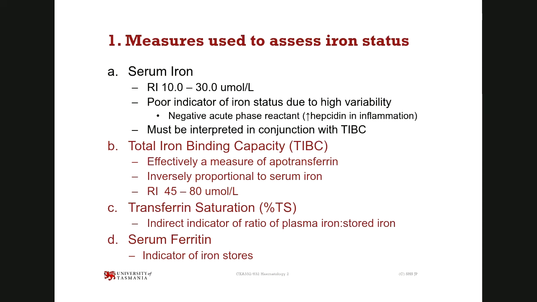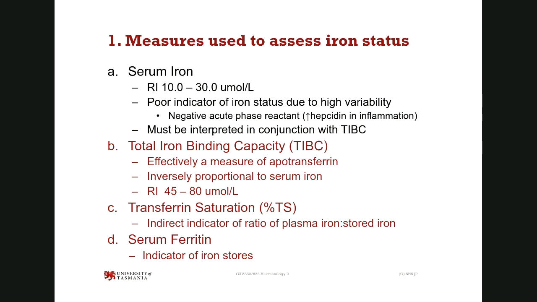And again, this is a negative acute phase reactant, so serum iron itself falls due to the effects of inflammatory markers. I guess you'd expect that, because if hepcidin is preventing iron from being absorbed from the gut and preventing iron from being released from tissue macrophages, then the amount of iron in the plasma is going to fall. So you would expect the serum iron to be reduced in those instances.